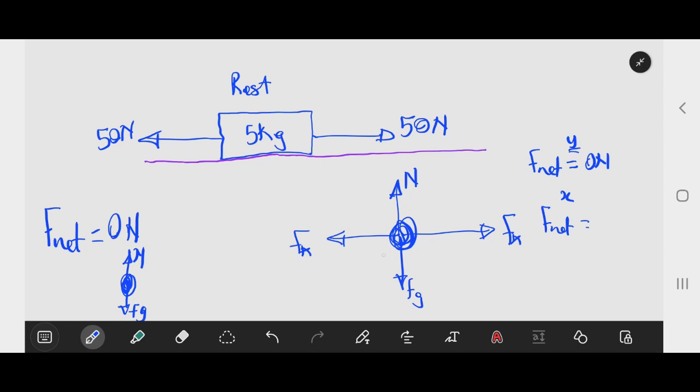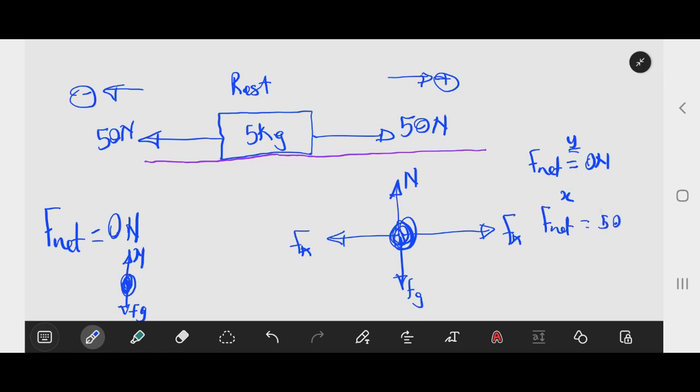What will happen to the object, or what will be the net force? Since the magnitude is the same and they're acting in opposite directions, this is positive 50 newtons, provided that you are choosing right as positive, and this is negative 50 newtons, since left is then negative.